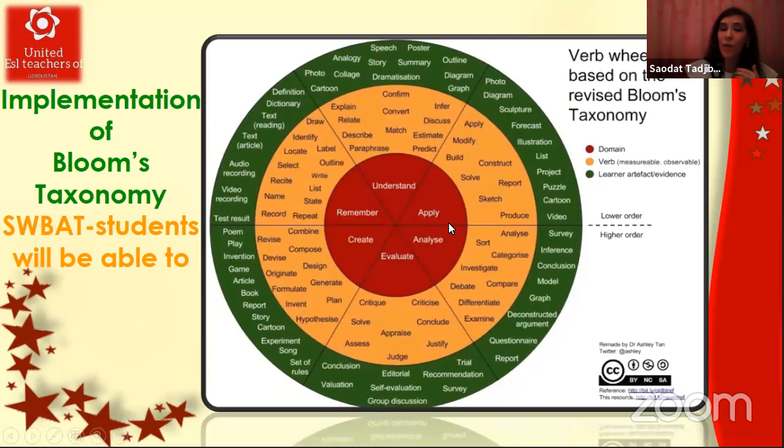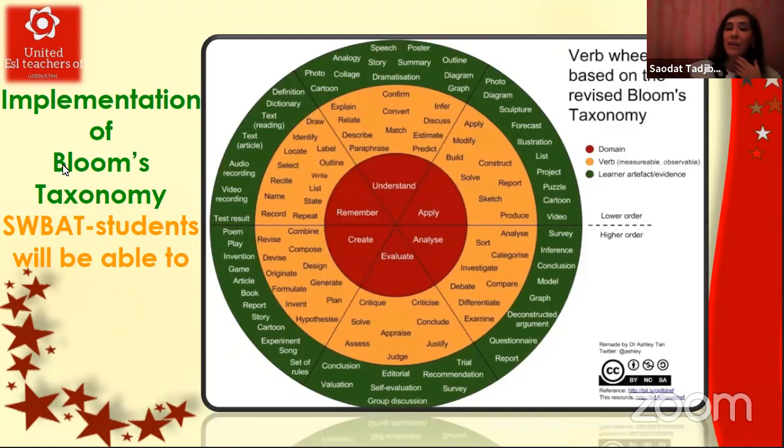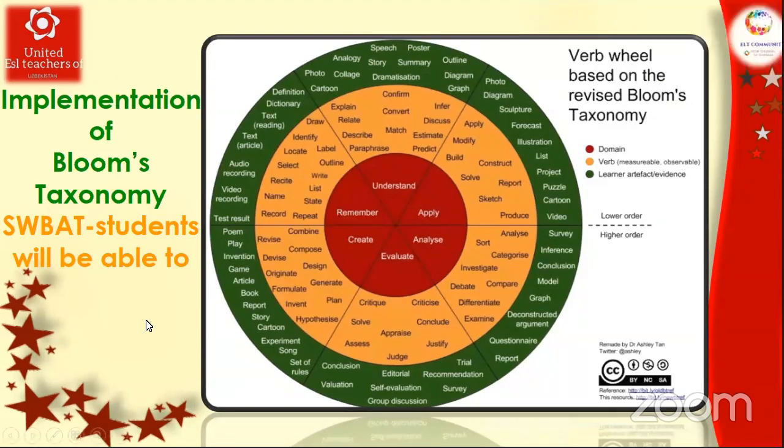So what kind of objective is it? Is it a content objective or a language objective? Any ideas? I think it's a content objective. Okay, why content objective? Because at the end of the lesson, students are able to know about traveling.